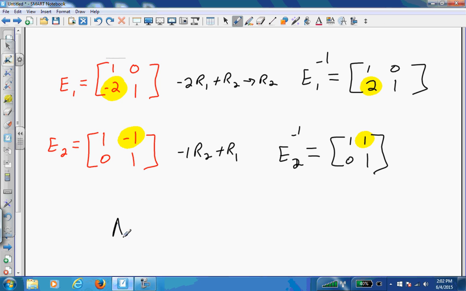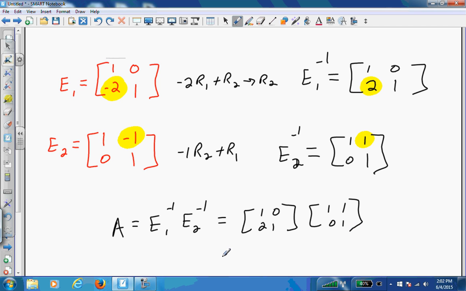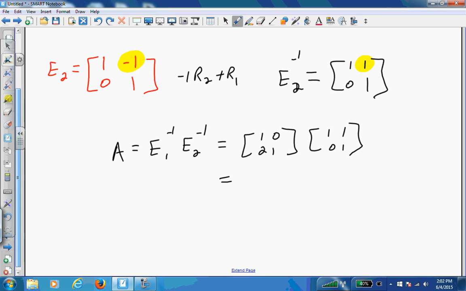So if we did this correctly, we said A could be represented by A1 inverse times A2 inverse in that order. So 1, 0, 2, 1 times 1, 1, 0, 1. So let's multiply that out and see if that really is A. So row times column, 1 plus 0 is 1.